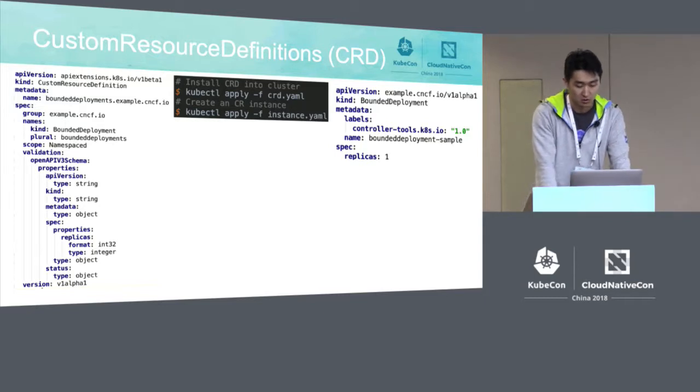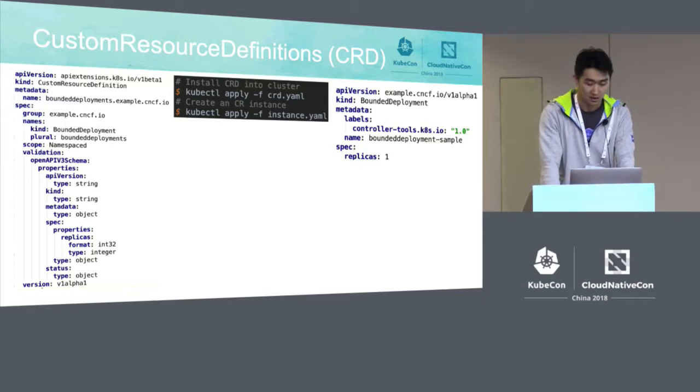After you create a CRD, you can add controllers and webhooks to manage your custom resource, just like the core APIs. The left-hand side is a simple CRD that will be used in the demo later. And the right-hand side is an instance of a custom resource.